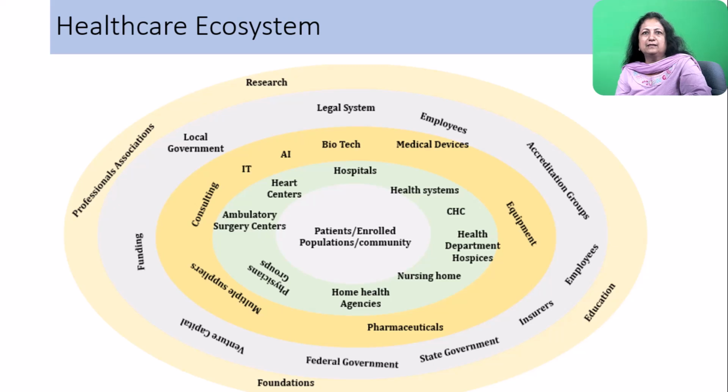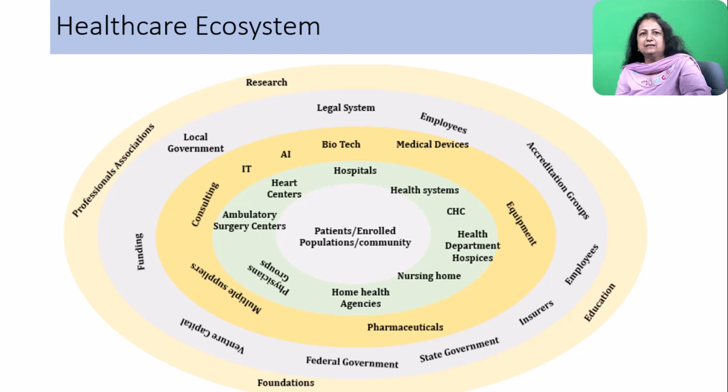Then there are a lot of support organizations who have to work in tandem to make the healthcare ecosystem very robust. The core of any system that we are looking at is the patients or the enrolled populations and community aspects of health. So the first layer is obviously the healthcare providers. It could be health centers, health systems, hospitals, and the next layer would have biotech, medical devices, equipment, pharmaceuticals, consulting, IT, AI, and so on. And then they have to be governed.